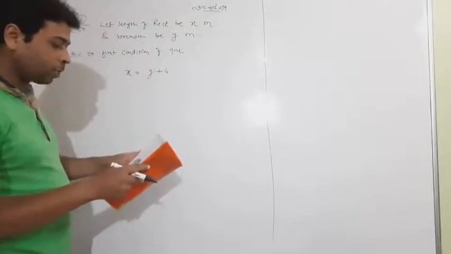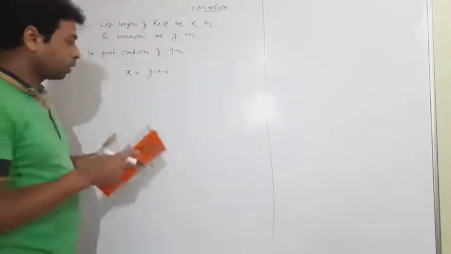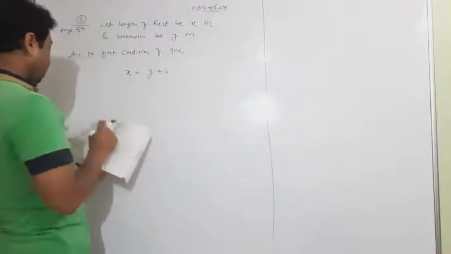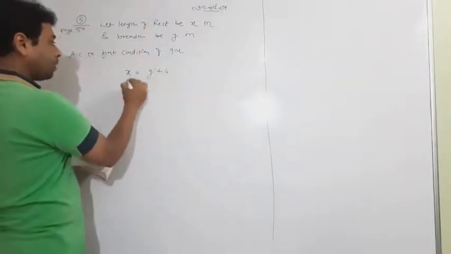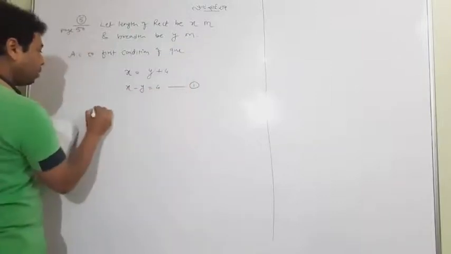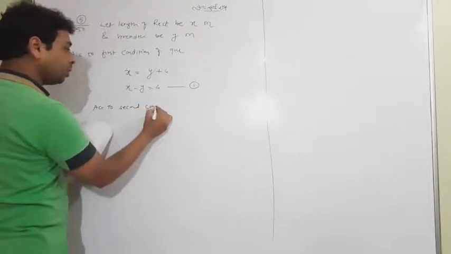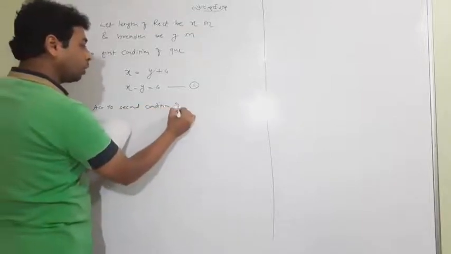It is the very first equation. We can also write x minus y is equal to 4. First one. According to the second condition of the question, now read it.